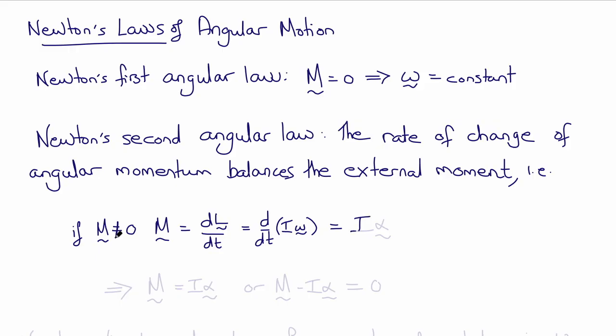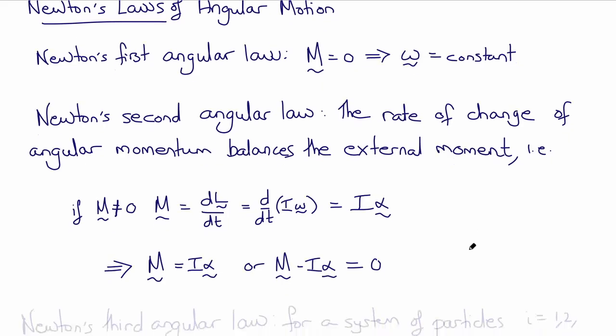And since the masses and positions are not changing, that would be I alpha, the angular acceleration. So this is the angular equivalent of F equals ma, which is M equals I alpha, or M minus I alpha equals 0.